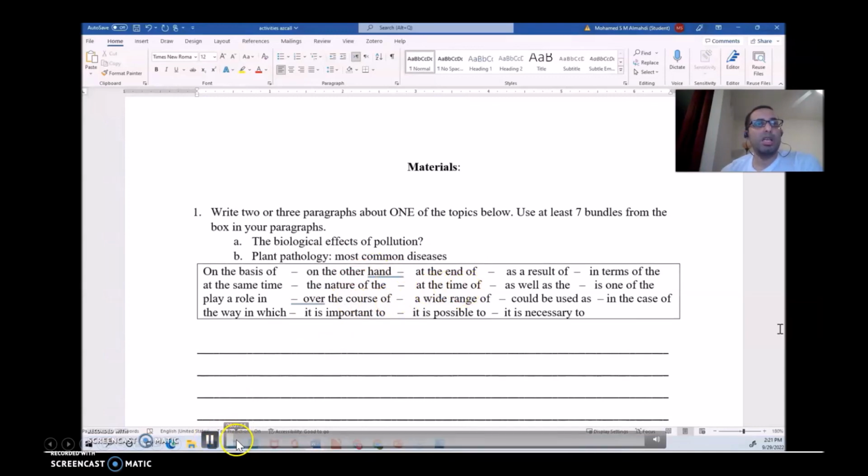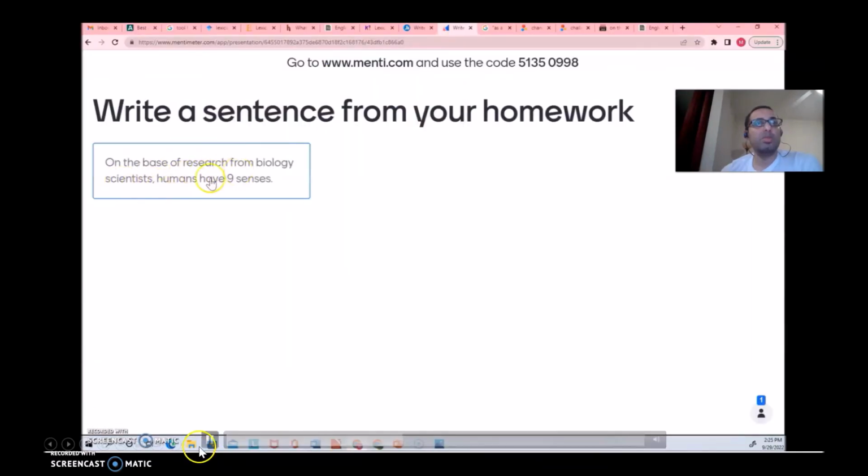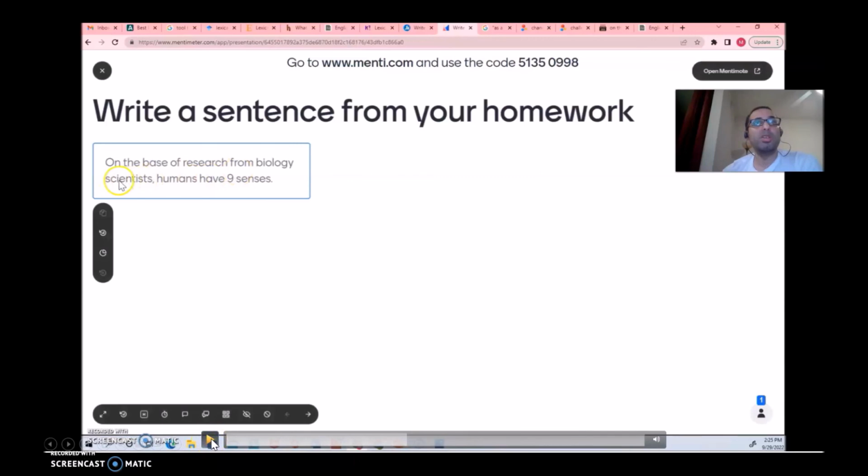And then in class, when students are together, the teacher can ask them to use Mentimeter, and then they can use the code, and after that the students can send their responses to the website, and from there the teacher can analyze their sentences.